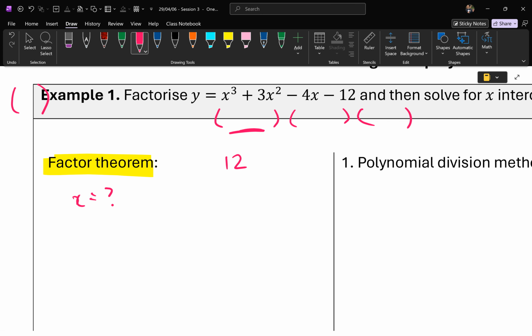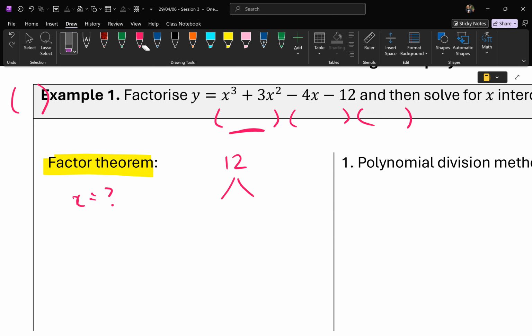Give me 2 numbers that multiply to give you 12. 3 and 4. See how it's in 2 brackets? 3 times 4 gives you 12. 3 is a factor of 12. 4 is a factor of 12. If you divide 12 by 3, you get 0 remainder. That's what they're trying to say: if you sub in a number and it equals 0, it's a factor because it has 0 remainder.